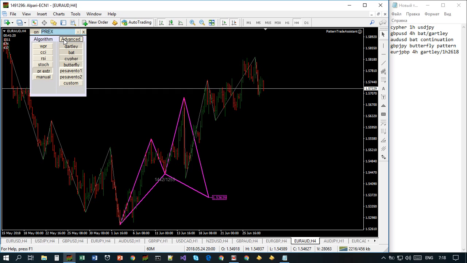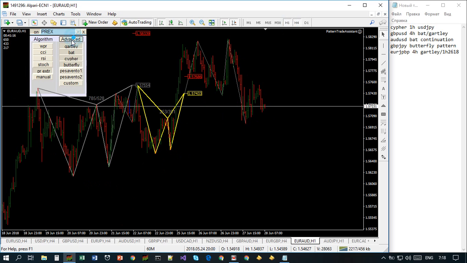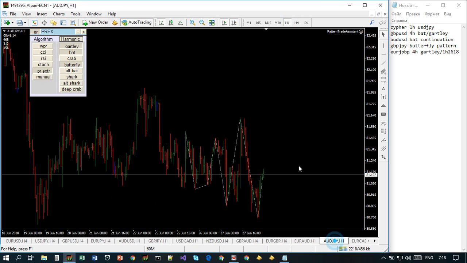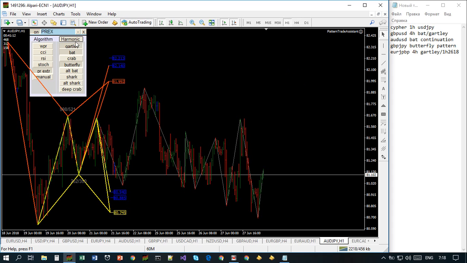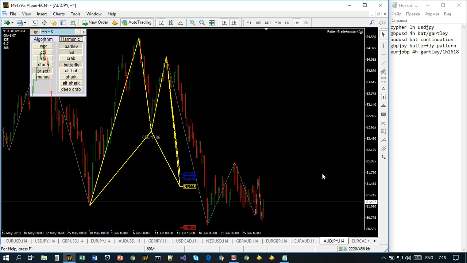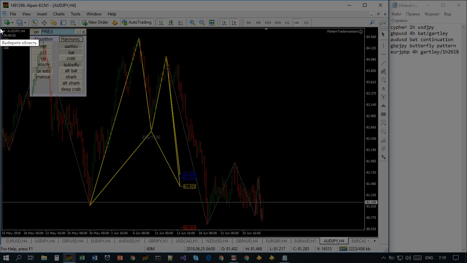Well, continue. 4 hour nothing, 1 hour nothing. Aussie yen, 4 hour nothing, 1 hour, I told you about the continuation of this pattern, and it was a pretty good winner. This situation is similar to the Aussie dollar BAT continuation. We broke the support.